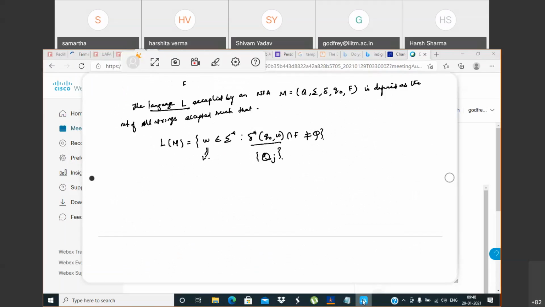So now this Qj intersection F should be a non-empty set. Then W is going to belong to the language that is accepted by an NFA. Right? So this is how we define the language that is accepted by the NFA. Right?